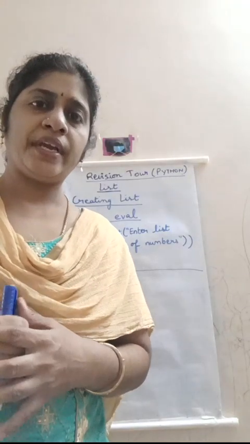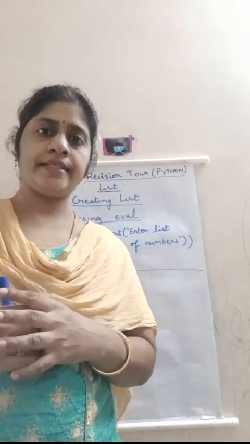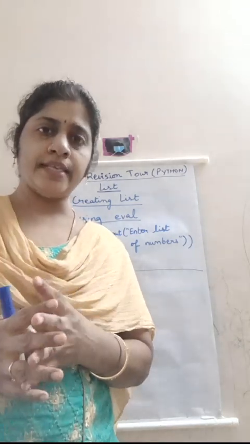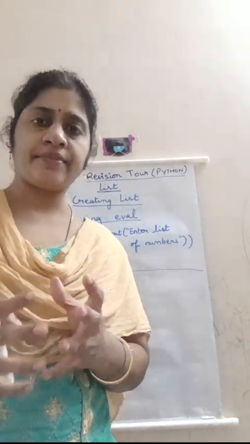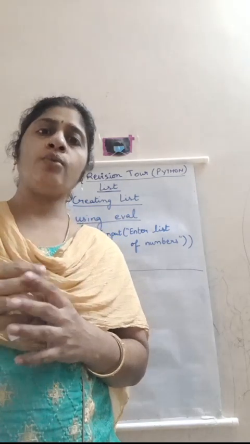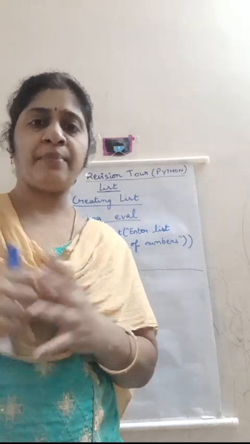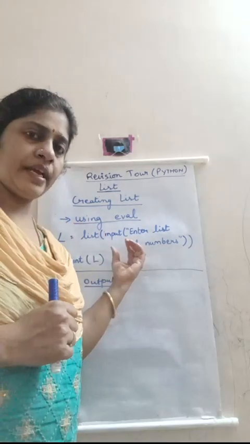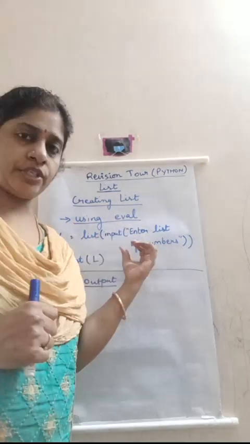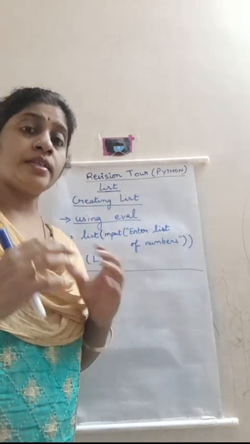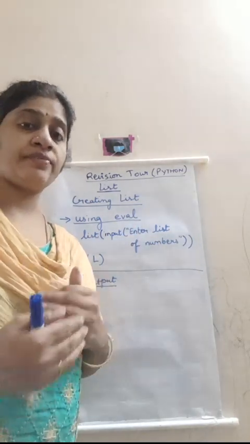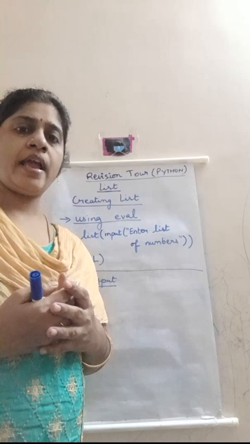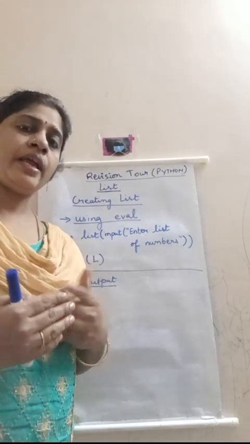So till now we have seen how to create a list, how to create an empty list, how to create a list from a sequence, and how to create a list from the input function. I have written that same thing over here, the input function. But now we are going to learn how to create a list using the eval function.